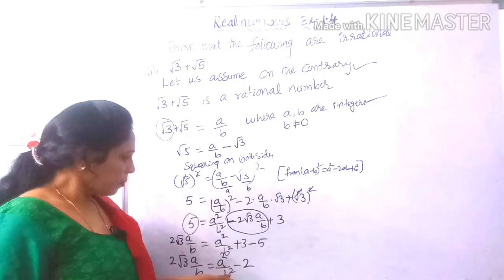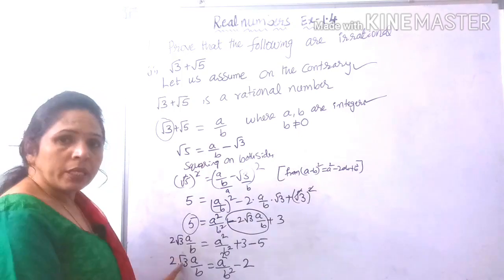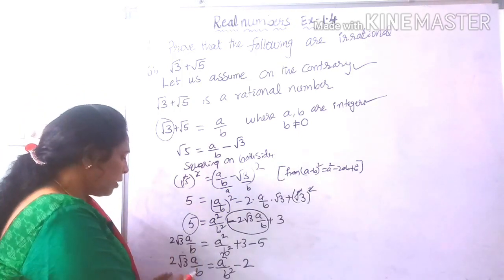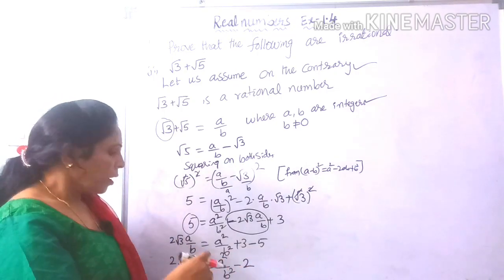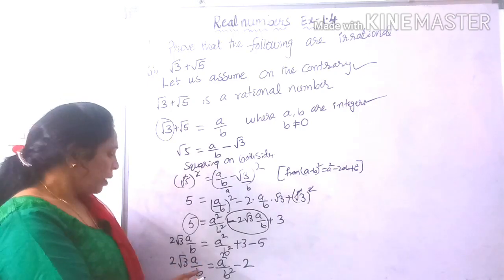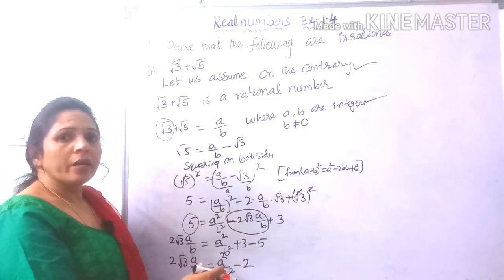Now, here I want only root 3 in the LHS. The remaining I have to send to the other side. The remaining 2 into a by b, I am sending to the RHS.